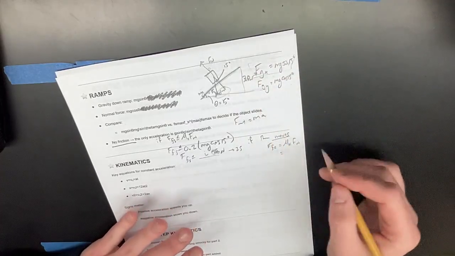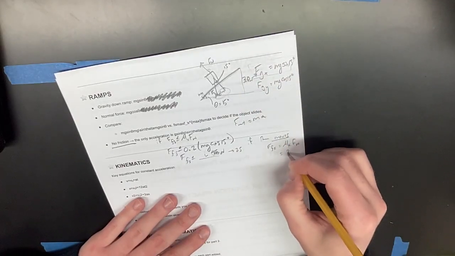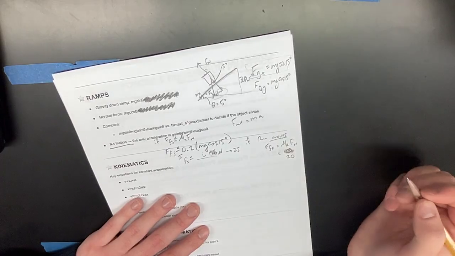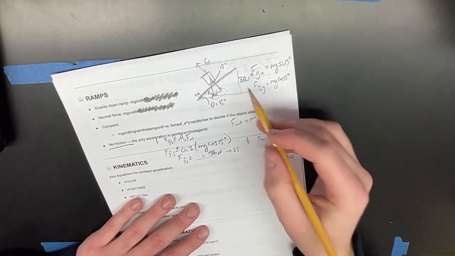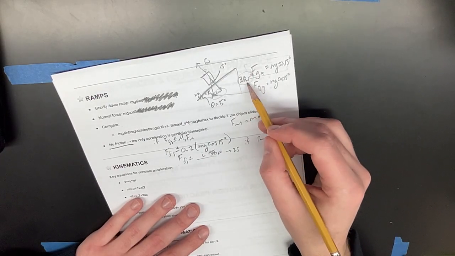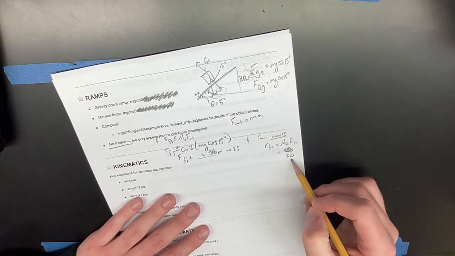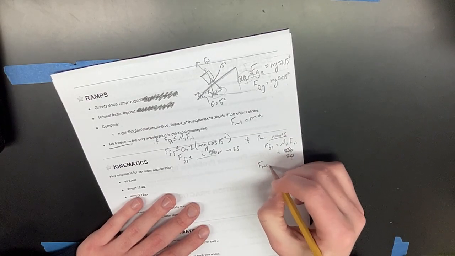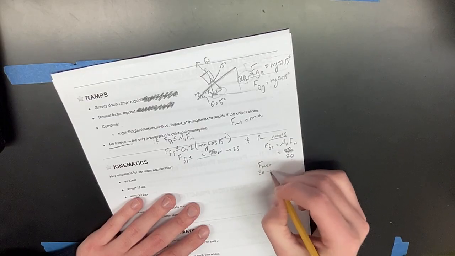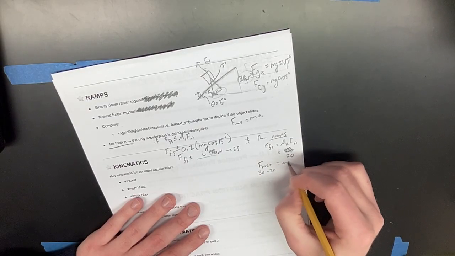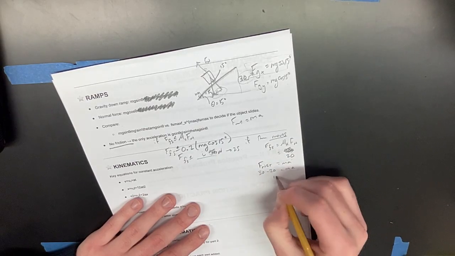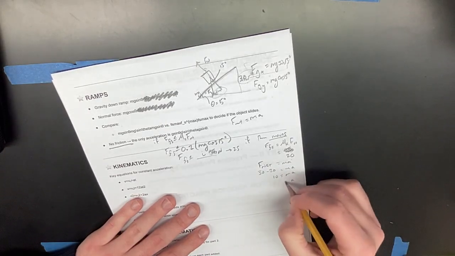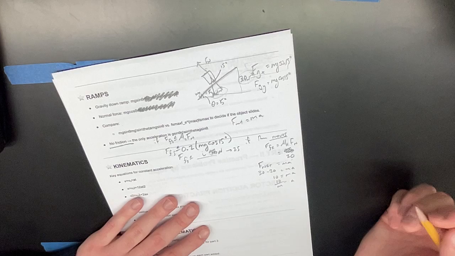Let's say that I knew the values, and let's say that came out to 20. In which case, I've got 30 pull down the ramp, I've got 20 resistance while I'm moving, and so my net force is equal to the 30 minus the 20, and so 10 equals ma, a equals 10 divided by m.